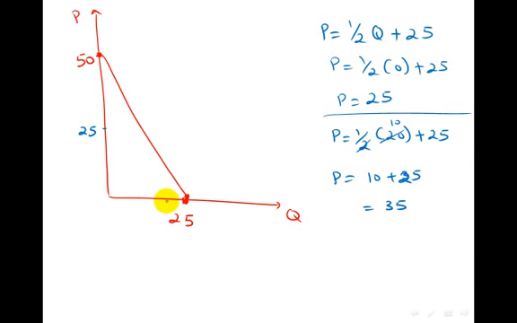So when Q is 20, let's say almost 20 is here, P would be 35. Say that 35 is almost here. So let's have a point here. This is my supply curve.